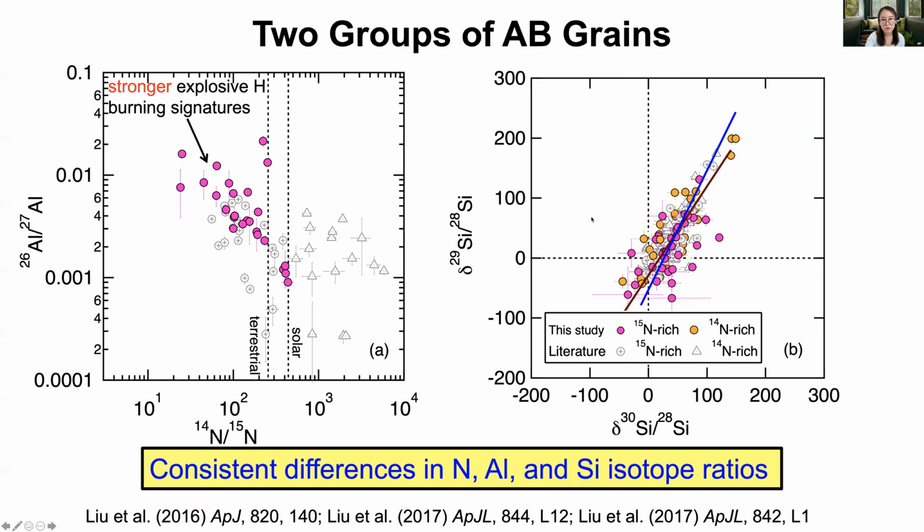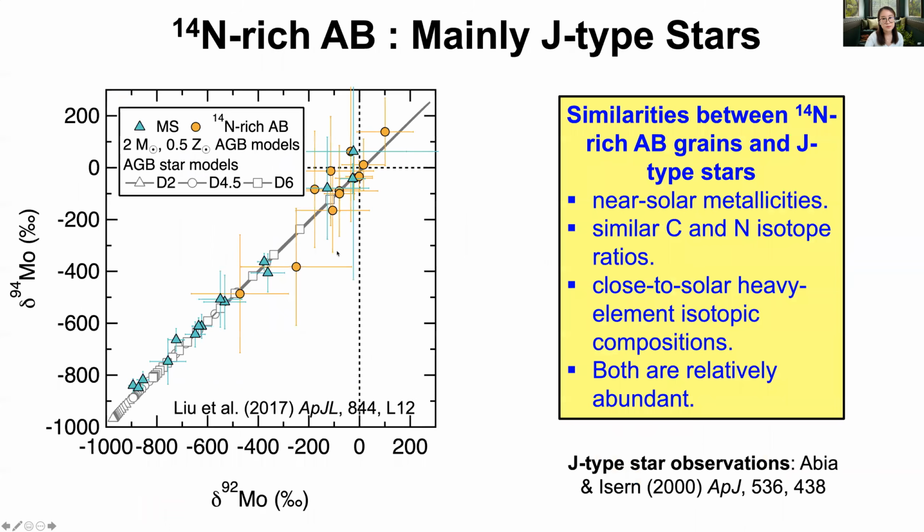And altogether, they pointed to stronger hydrogen burning processes at enhanced stellar temperatures compared to nitrogen-14 rich AB grains. And based on these observations, we divided AB grains into nitrogen-14 and nitrogen-15 rich AB grains, by using the solar nitrogen isotopic ratio as the divider.